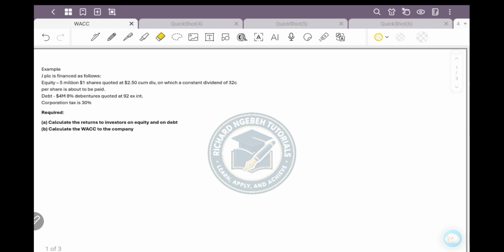So in starting this workings, the first thing you need to know is that you should first calculate your cost of equity and cost of debt. Okay, so let's just proceed from here.